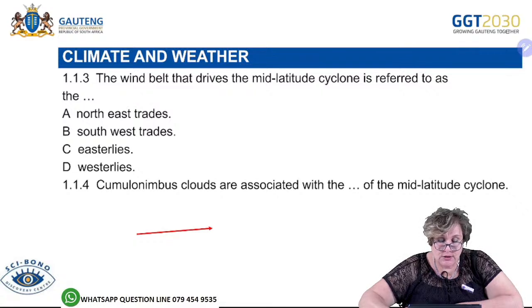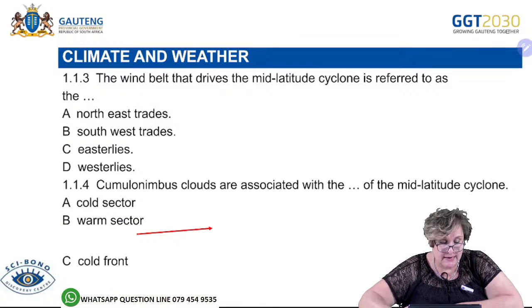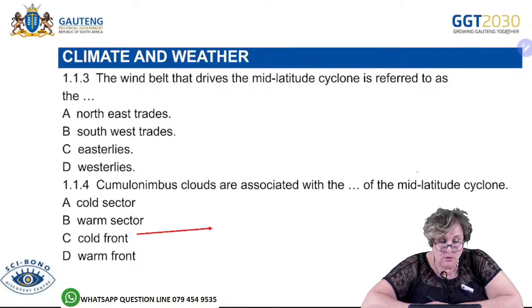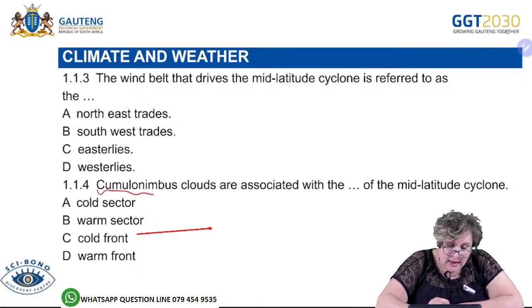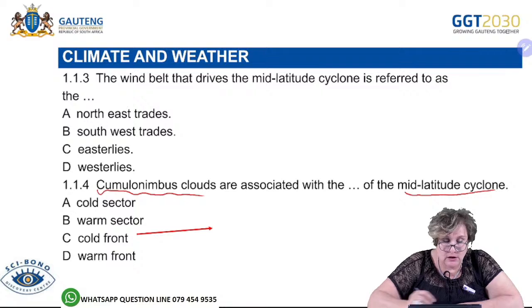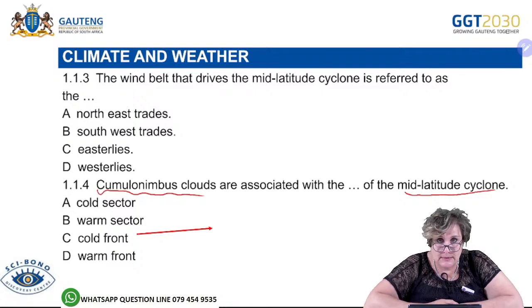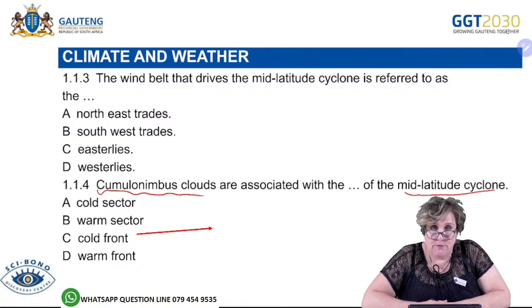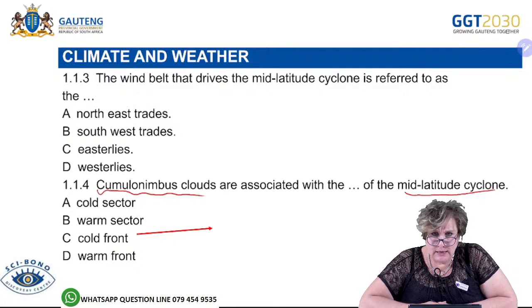Cumulonimbus clouds are associated with the A, cold sector, B, warm sector, C, cold front, or D, warm front of the mid-latitude cyclone. So I want to know where in the mid-latitude cyclone do I find my cumulonimbus clouds. So 1.1.3, I'm going to go over it with you again. So quickly think and write down the answer.